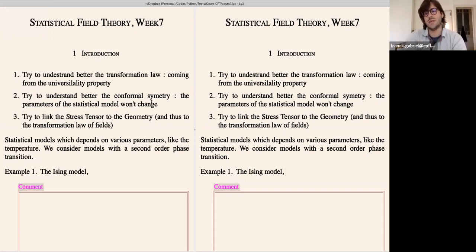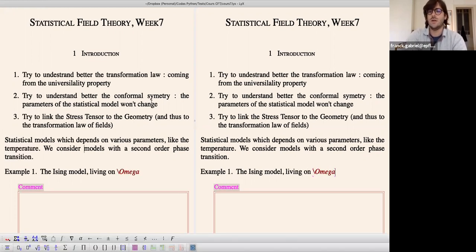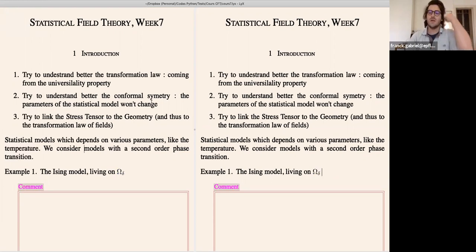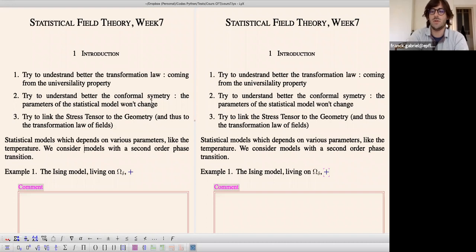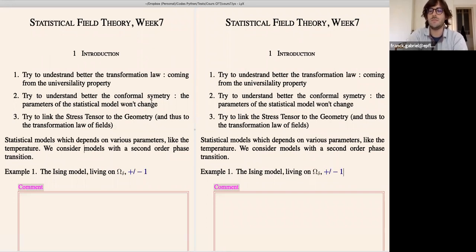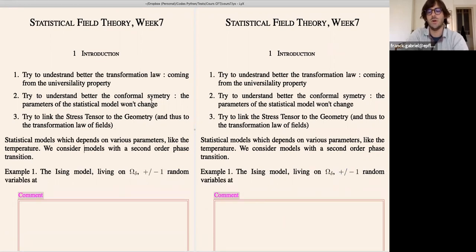So we are going to consider the Ising model, for example, living on the grid omega delta. I consider exactly the same setup as the Gaussian free field. In order to define the Ising model, at any point on the grid I don't have a real-valued random variable, but only a plus or minus one random variable at each point of the grid.